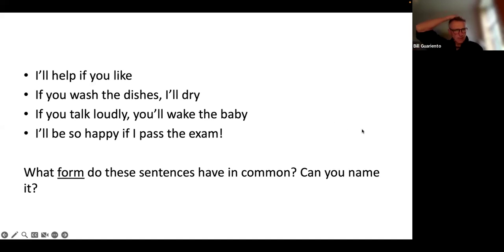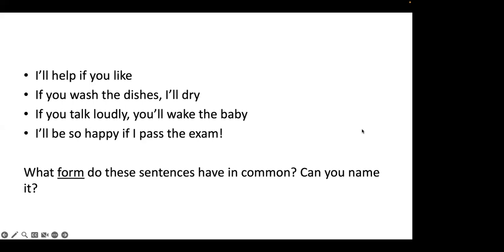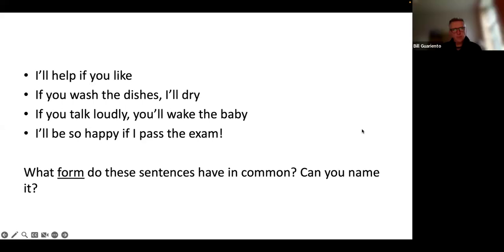Raha, can you tell me the function there? If you talk loudly, you'll wake the baby. Maybe a warning. Well done. So here we are expressing a warning. So number 1, we are offering to help. Number 3, we are expressing a warning.